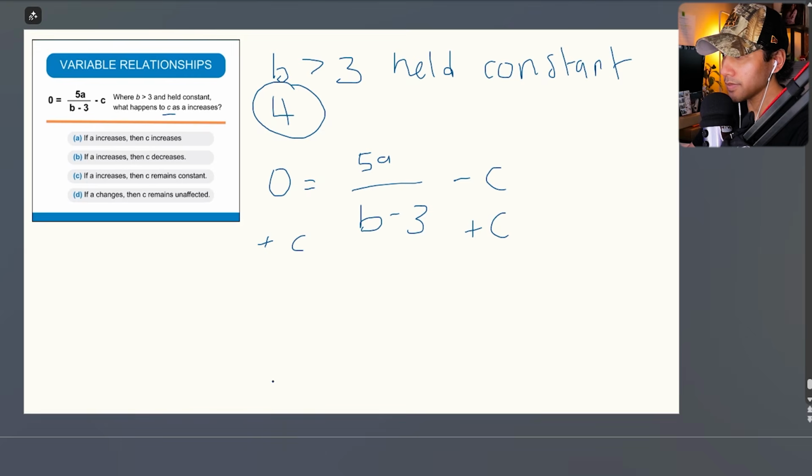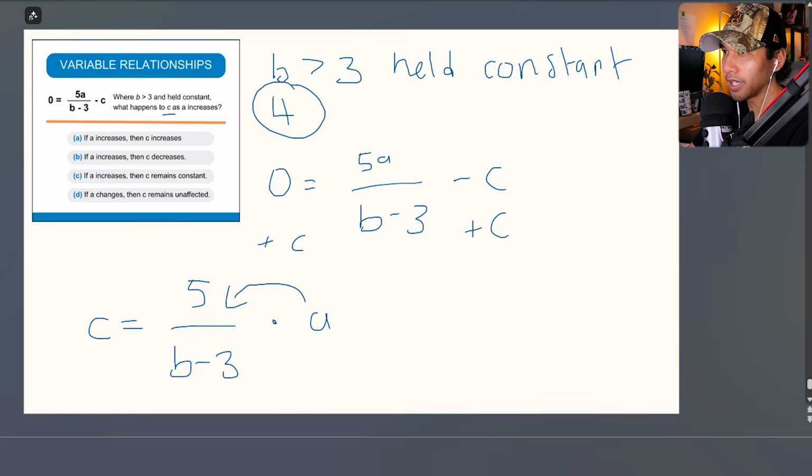So C equals 5 over b minus 3 times A, because 5a over b minus 3 is A times 5, then b minus 3. All I did was take out that A and put it over here, so it visually looks better, but it's the same problem.